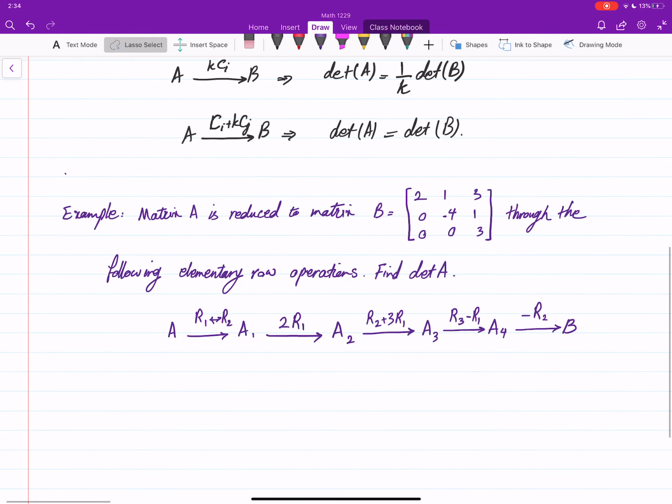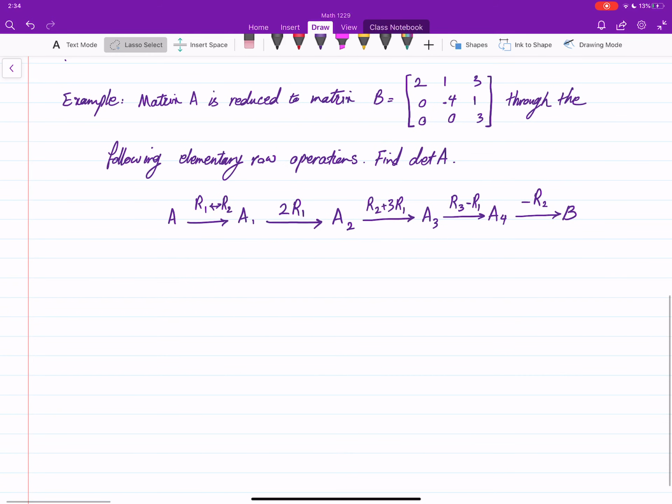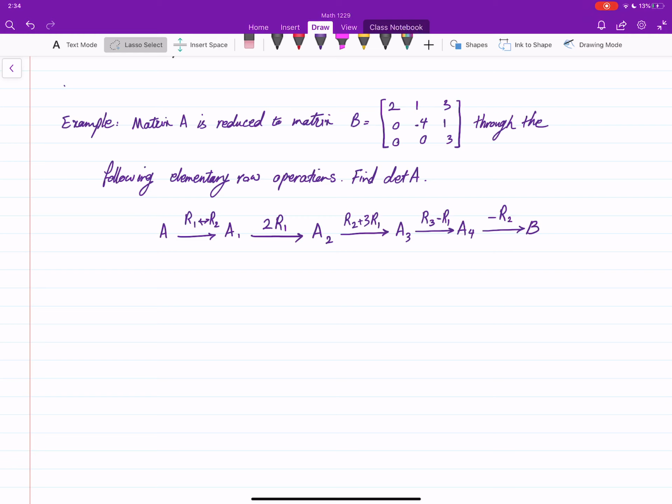Matrix A is reduced to matrix B through the following elementary row operations. Find determinant of A. Okay, so let's do it one by one. We change A to A1 by interchanging two rows, row 1 and row 2.